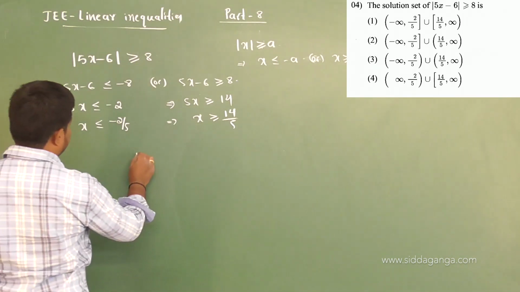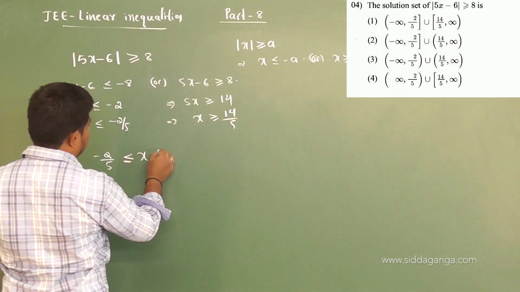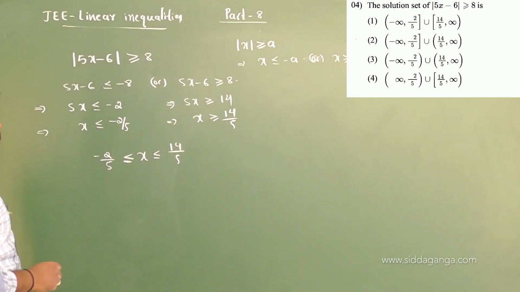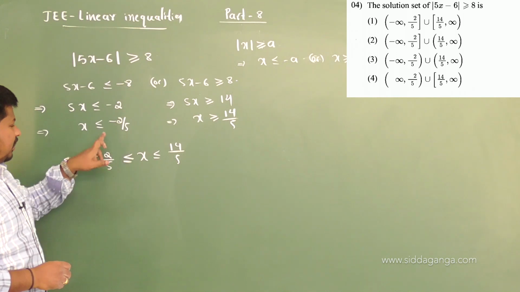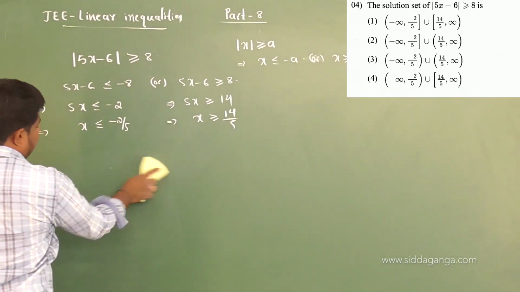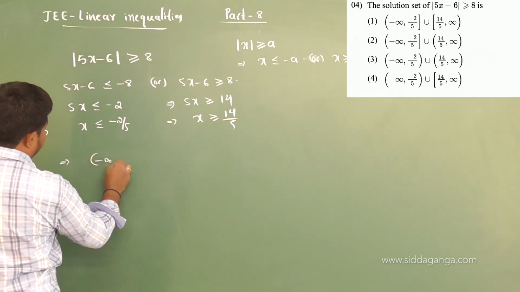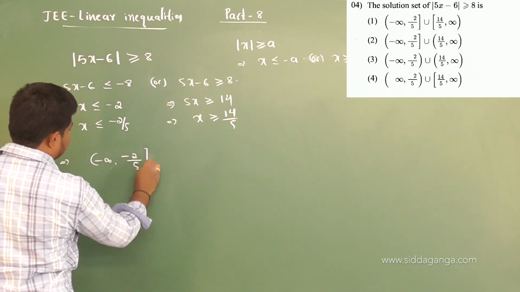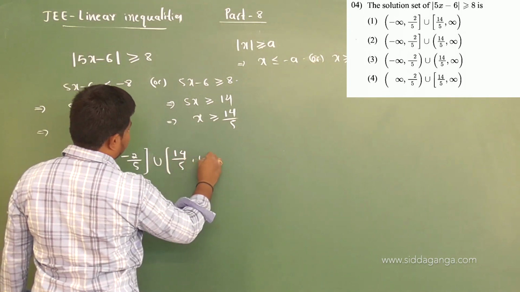So the value of x is less than or equal to minus 2 by 5, in the sense minus infinity to minus 2 by 5, including minus 2 by 5, union 14 by 5 to plus infinity.